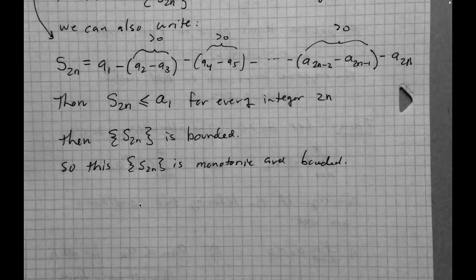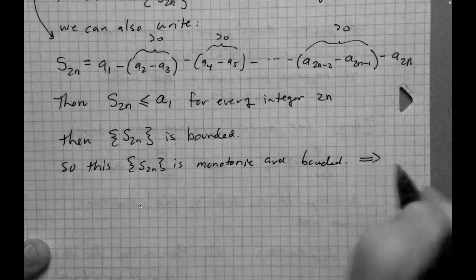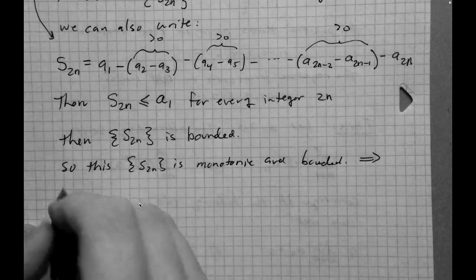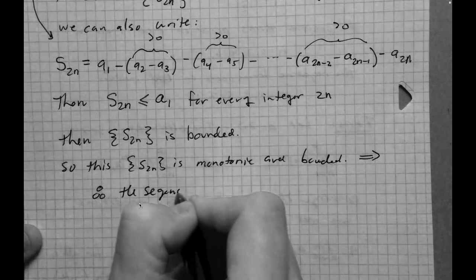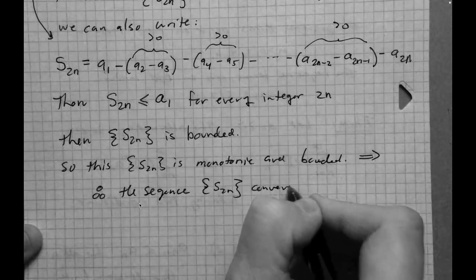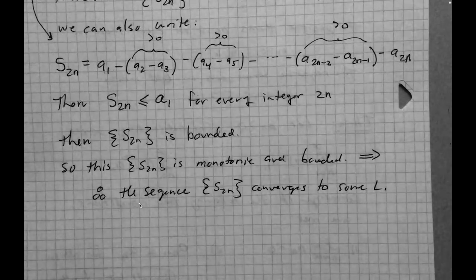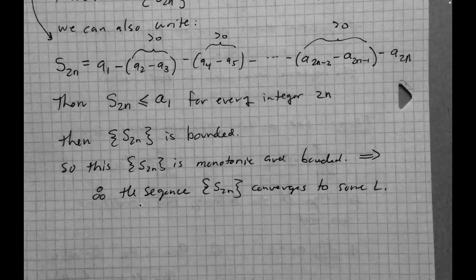Okay, so it's monotonic and bounded, and that's going to imply that the sequence is going to converge. So therefore, the sequence converges to some L, some finite value L.